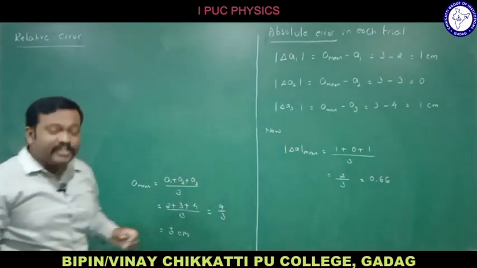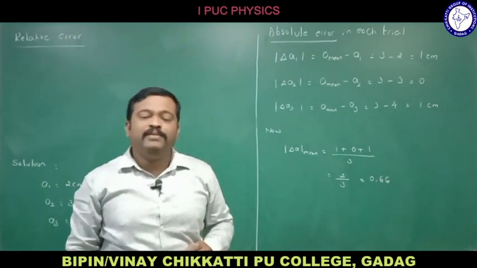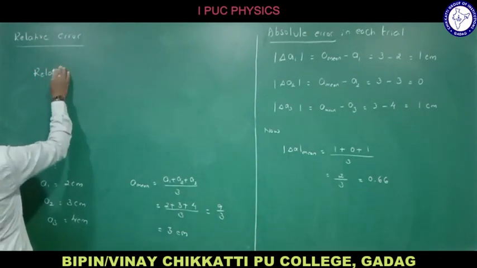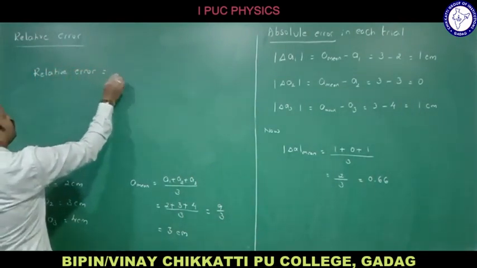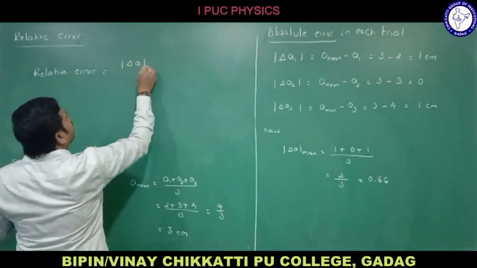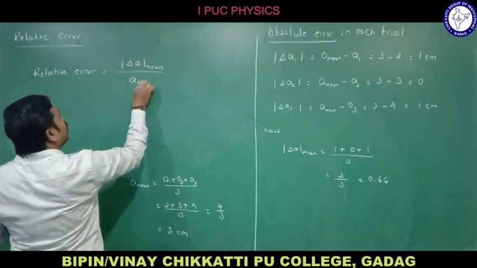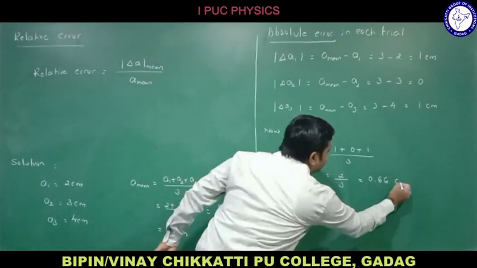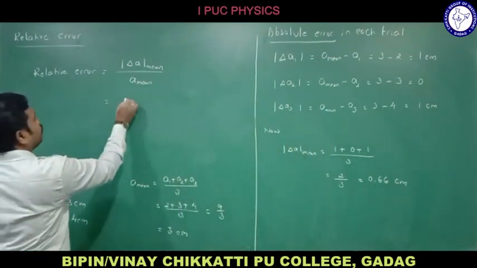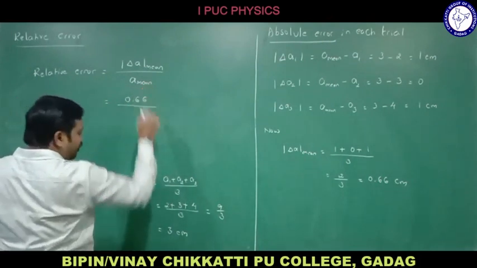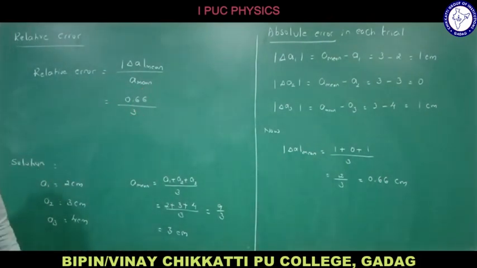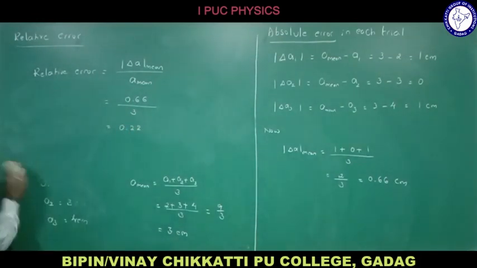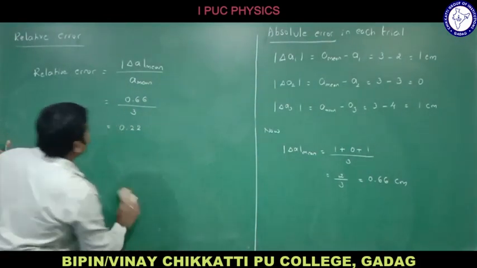Relative error is the ratio of mean absolute error divided by mean value, right? So relative error is equal to mean absolute error divided by A mean. The mean absolute error is 0.66 centimeter, divided by A mean, which is 3. If I calculate this, I get 0.22. That is the relative error, right? So this is how we calculated the relative error.